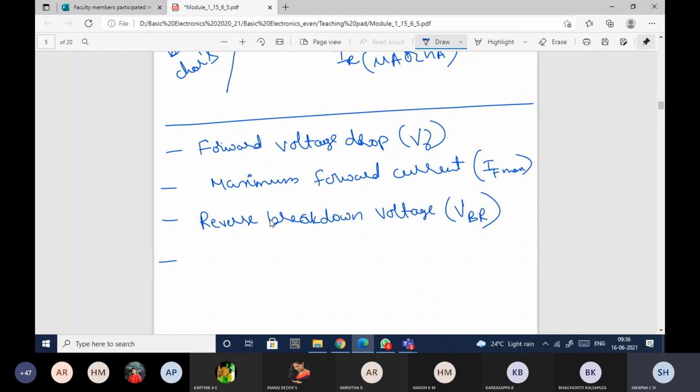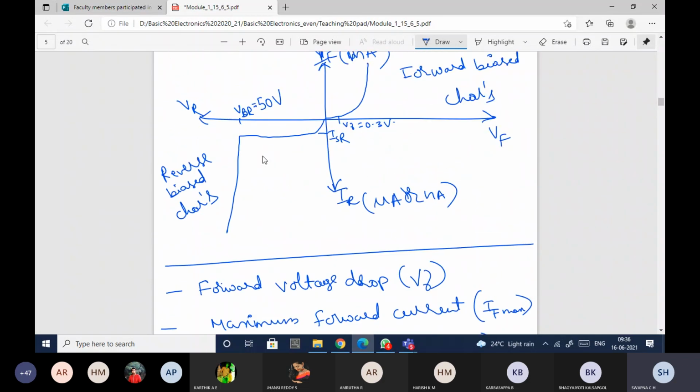When the diode is reverse biased, after a certain voltage, the diode will break down. You have two different types of breakdowns happening. We'll see specifically when it comes to the other diode. When the reverse voltage is increased beyond this VBR, the diode will be damaged and you will not be able to reuse it.